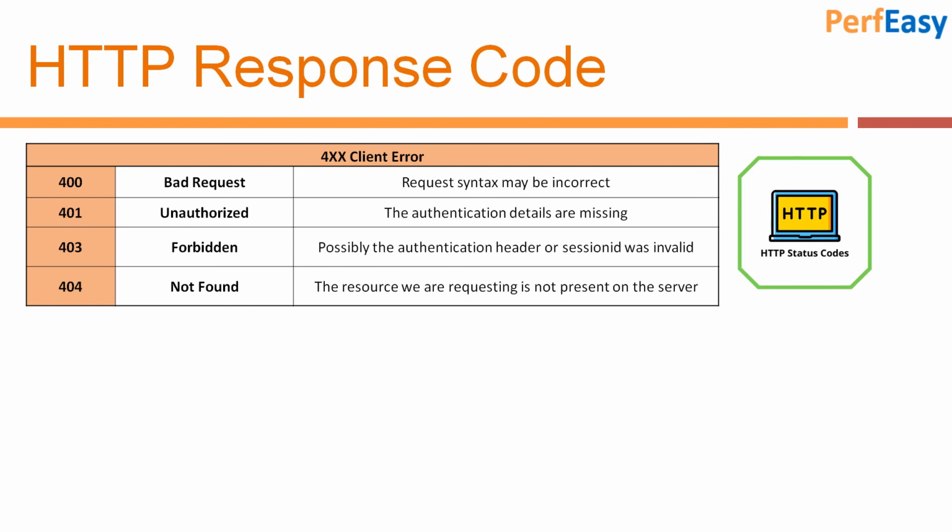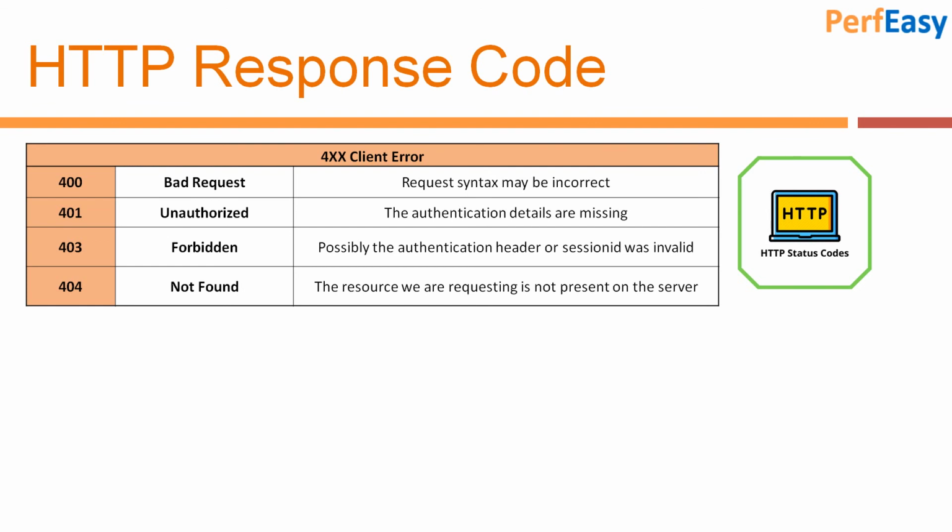But if I am getting 403, that means we are passing an authentication header or session ID, but the value we are passing is not correct or not valid. Maybe that session ID or authentication header has expired. In those cases, we will get 403. But if we haven't passed any value, correct or incorrect, then we are going to get 401 Unauthorized.